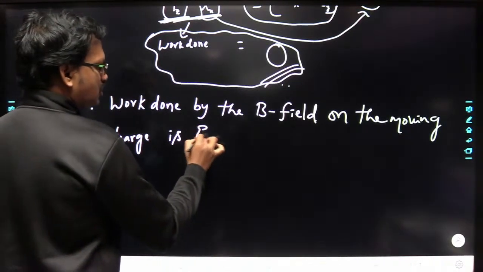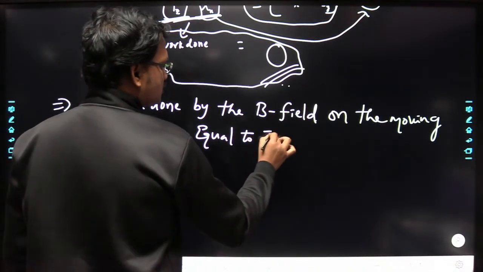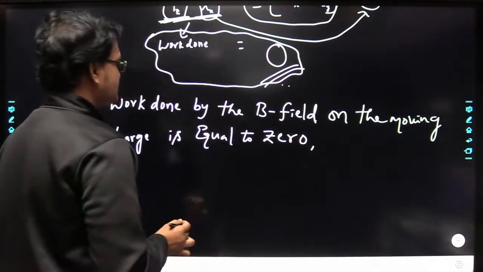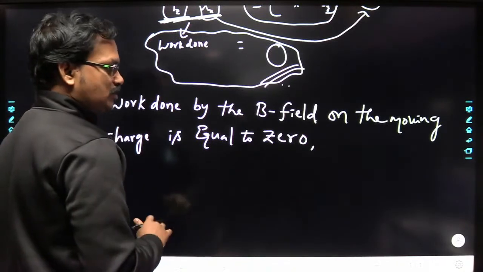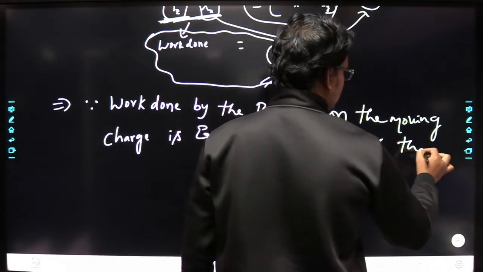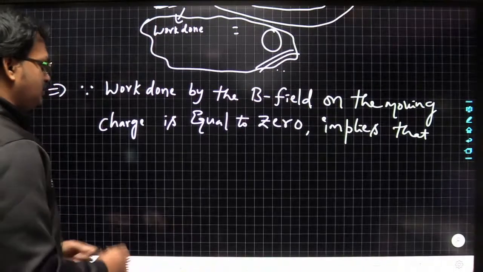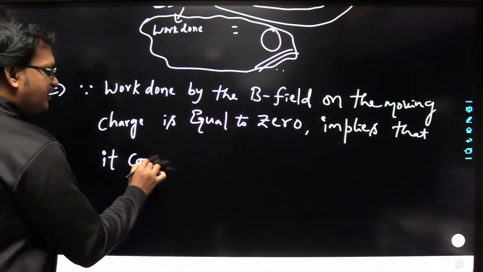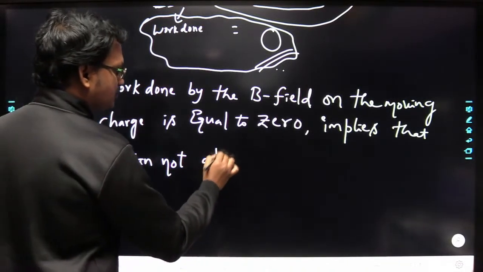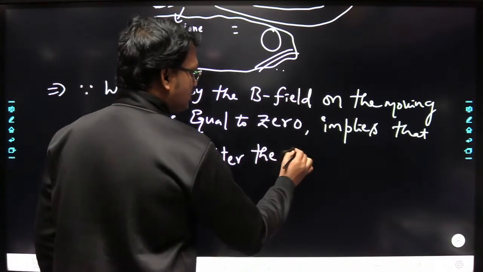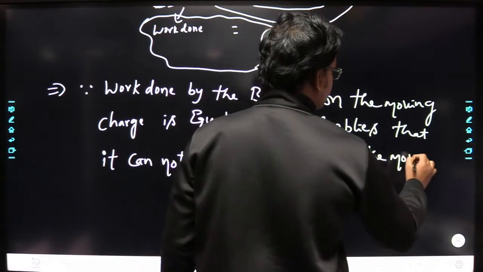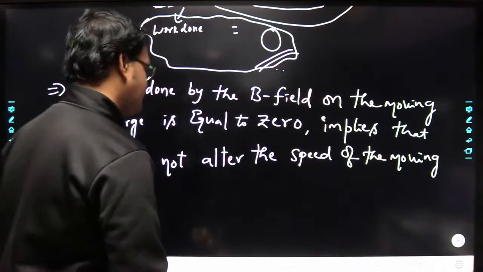Since the work done by the B field on the moving charge is equal to 0, it cannot alter the speed of the moving charge.